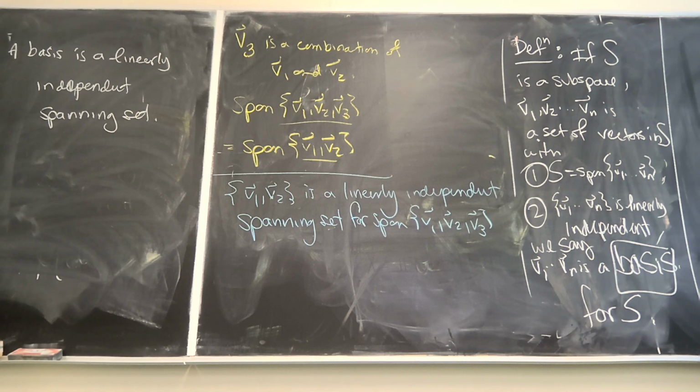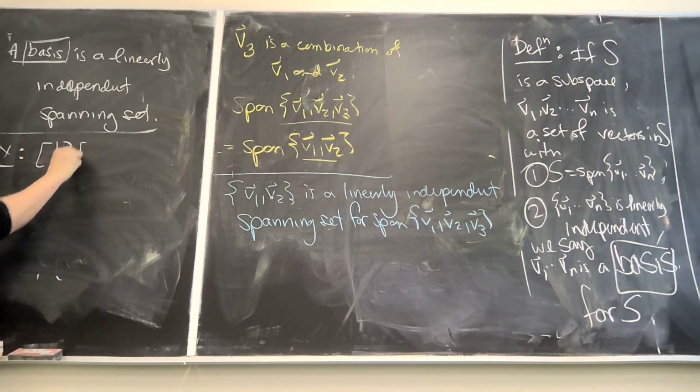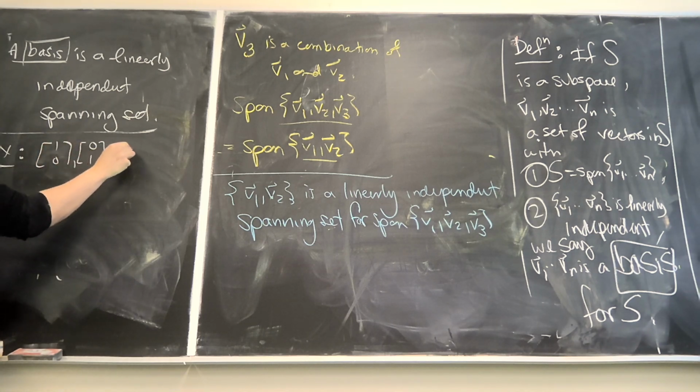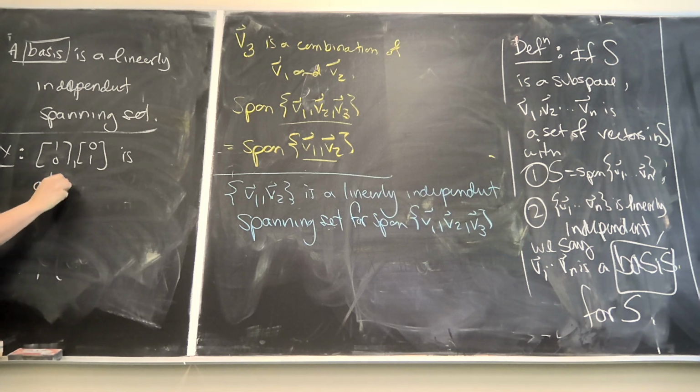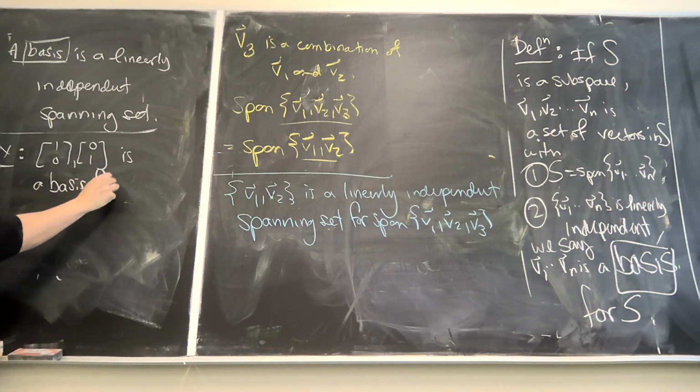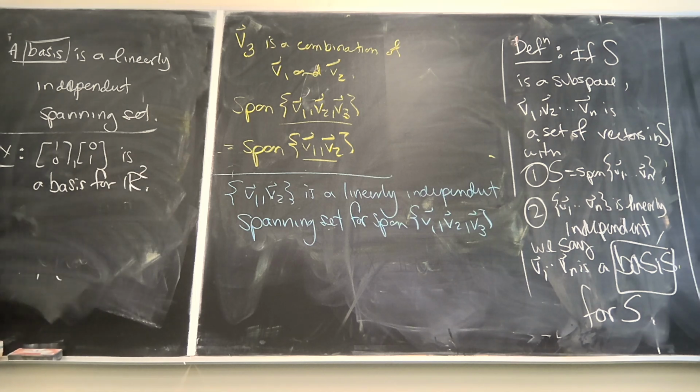And the reason that we want that is if my spanning set is linearly independent, every linear combination is unique. So for example, the vector 1, 0 and the vector 0, 1, that set is a basis for R2. It's called the standard basis for R2.